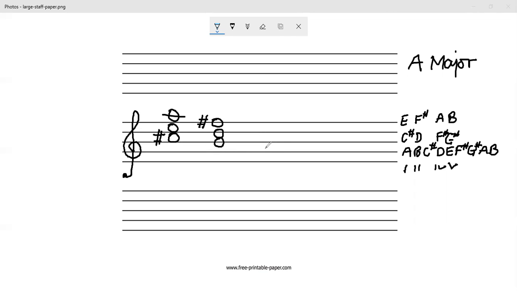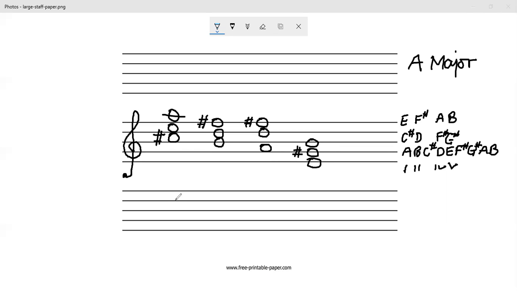Chord 4, I'm going to put A, D, F sharp. And chord 5, I'm going to put E, G sharp, and B.